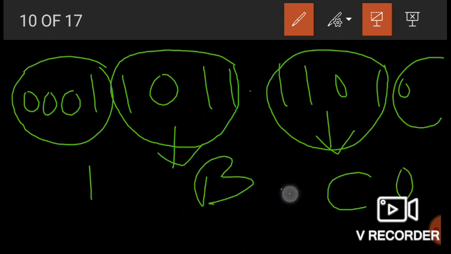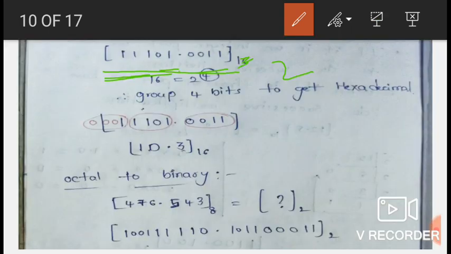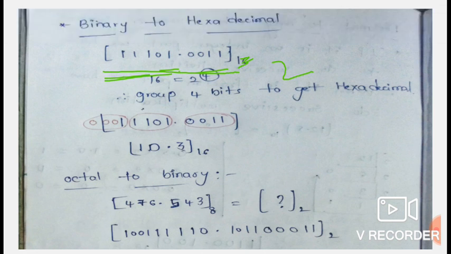So if you want to convert from binary to hexadecimal, the hexadecimal value will be 1B.C0. Like that we have to do the process.